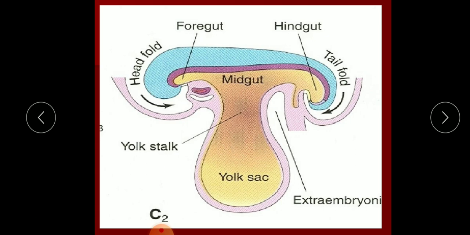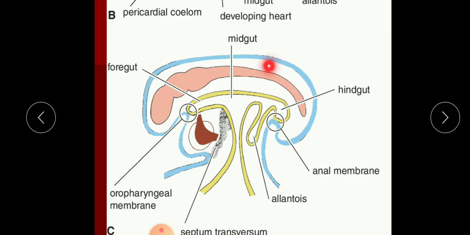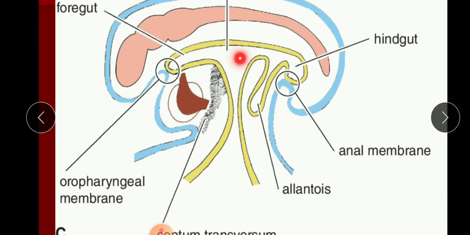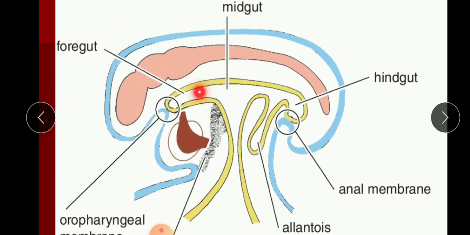Okay. So now this primitive gut is a closed tube. It is not communicating with the exterior. This is the cranial end, this is the caudal end. Look at that. What you see here is your primitive gut, and you find the primitive gut is closed cranially as well as caudally by two membranes.